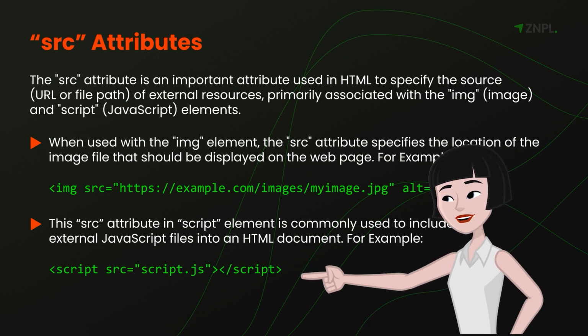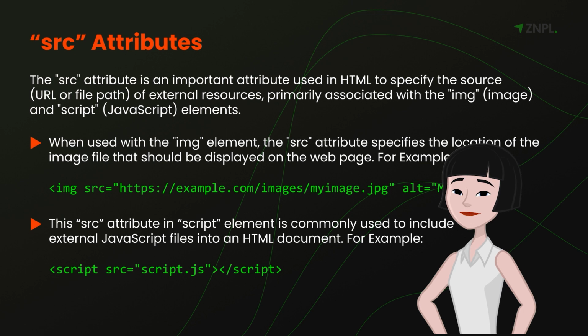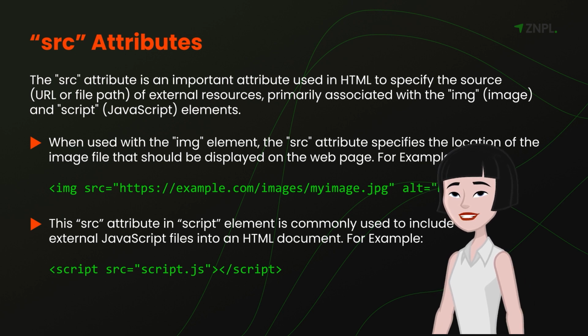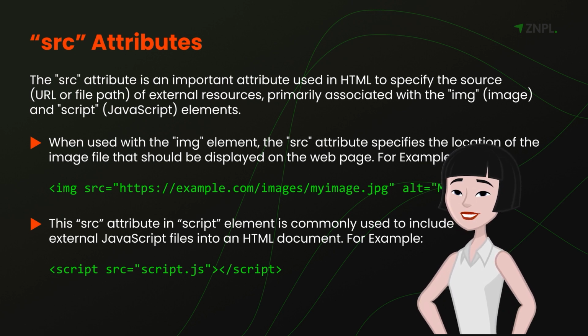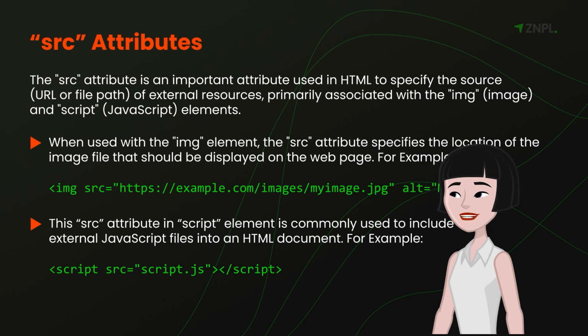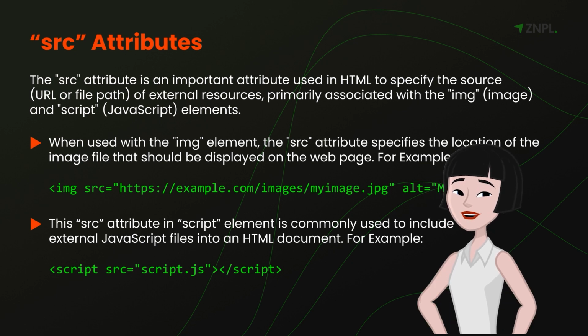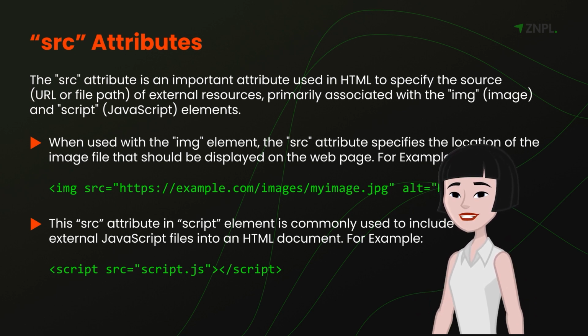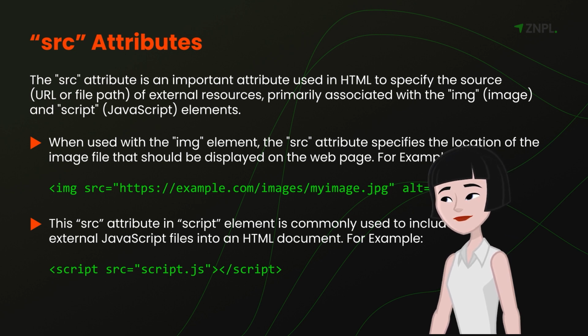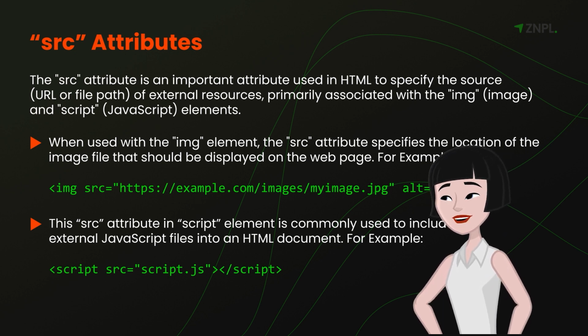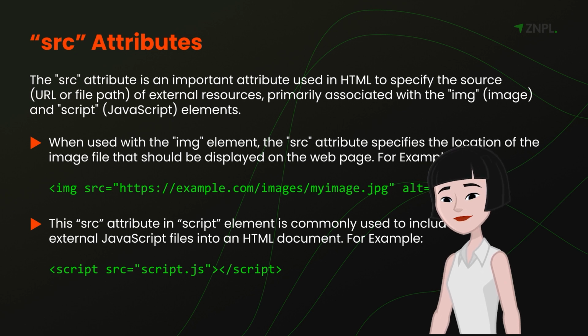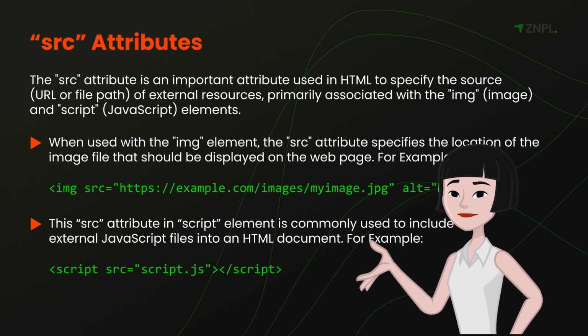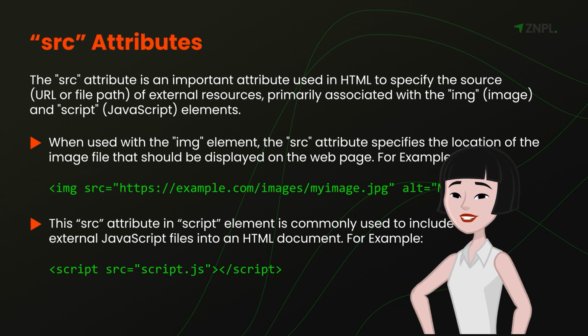For example, in the above example, the src attribute is set to script.js, indicating that the JavaScript file script.js located in the same directory as the HTML file should be loaded and executed. It's important to note that the src attribute is not limited to just image and script elements. It can also be used with other elements like audio, video, iframe, and more, depending on the specific purpose and requirements of the element.